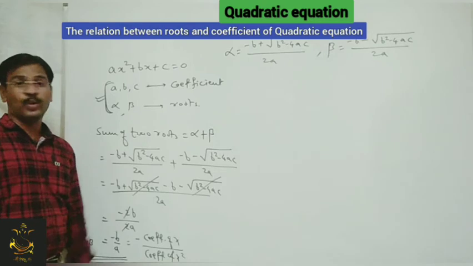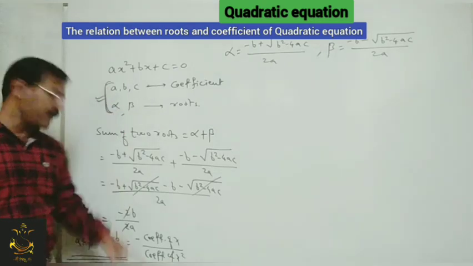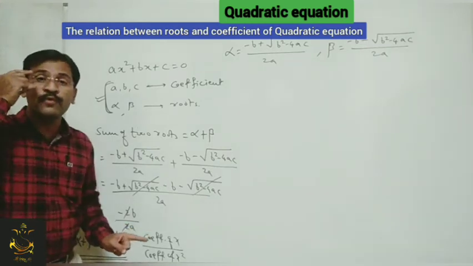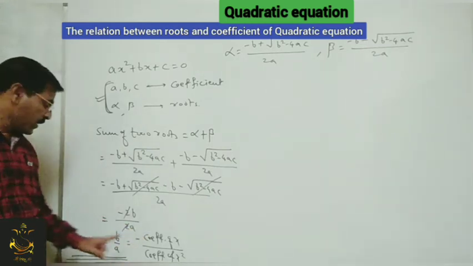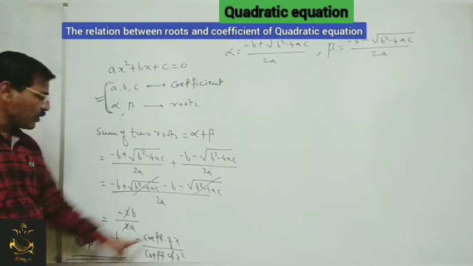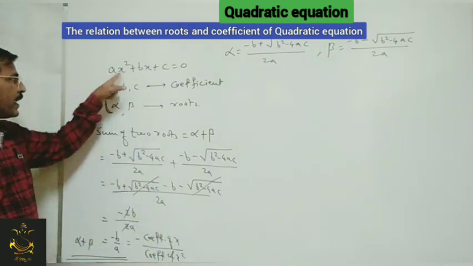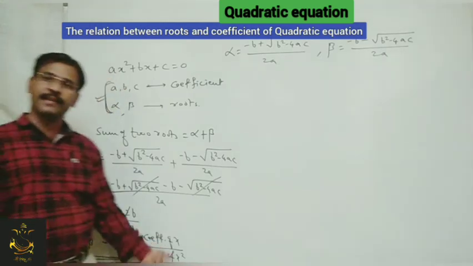This is really one of the very, very important parts: alpha plus beta, the sum of two roots, is equal to minus b upon a, where b is the coefficient of x and a is the coefficient of x square.